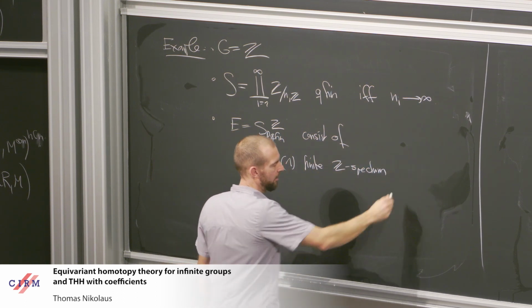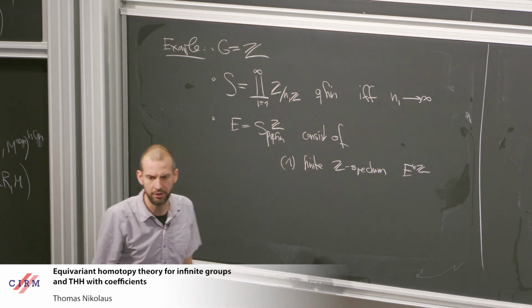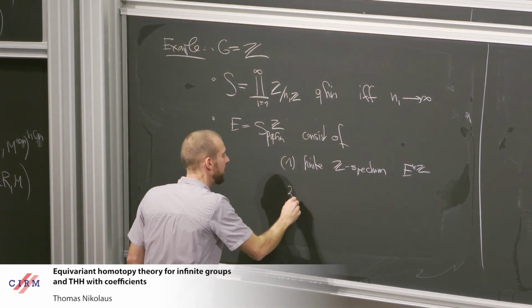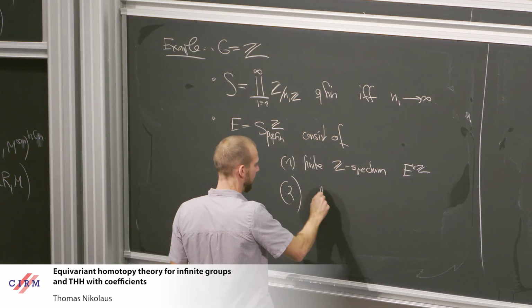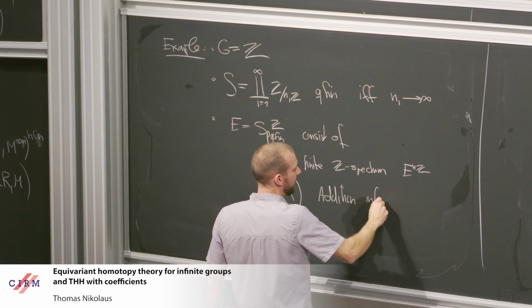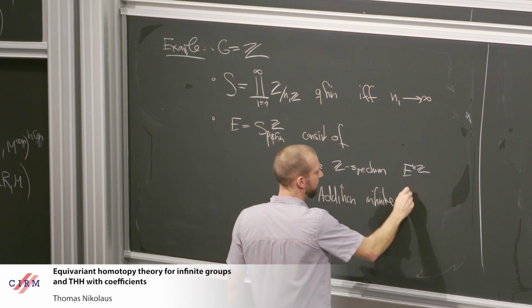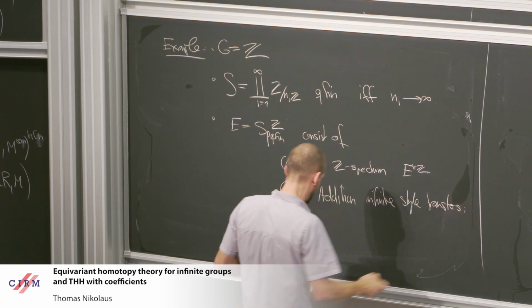So in other words, we have all these fixed points, E and Z, and we have the transfers and restrictions. But then secondly, we have certain additional infinite style transfers. Namely, which ones?